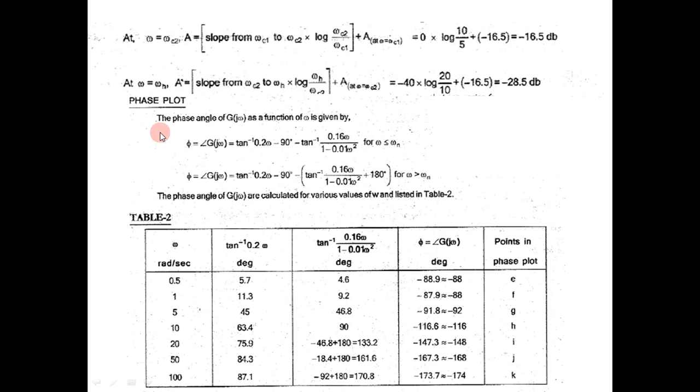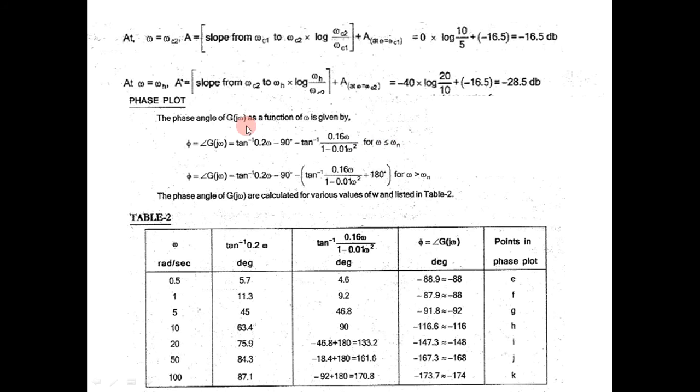Now we have to obtain the phase plot. So phi is equal to angle of G of j omega, which is equal to tan inverse of 0.2 omega minus 90 minus tan inverse of 0.16 omega by 1 minus 0.01 omega square. This is valid for omega less than or equal to omega n.